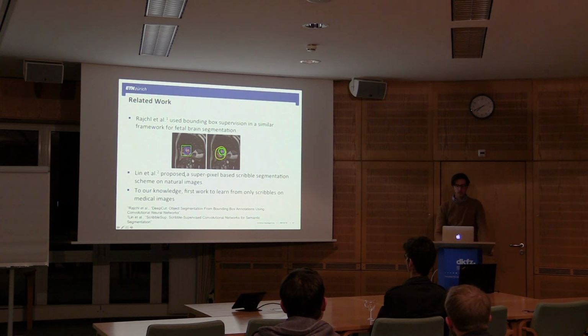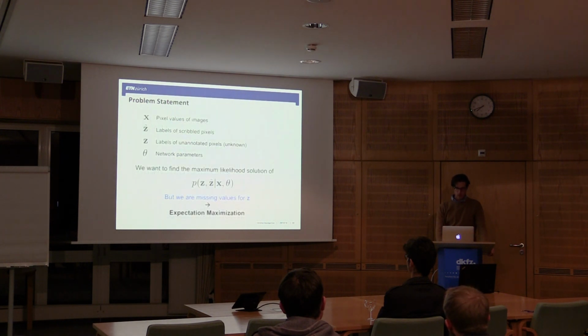And there is also a little bit of work on scribble supervision on natural images. This work is based on superpixels, and superpixels are known to not work so well on medical images in our experience. So to our knowledge, this is the first work to try this problem with scribbles on medical data.